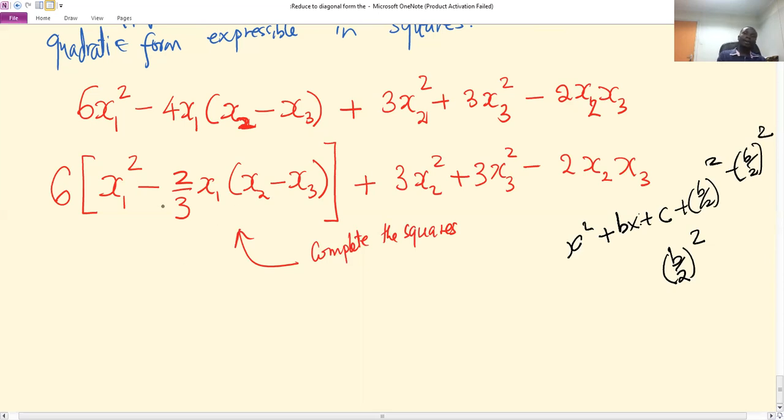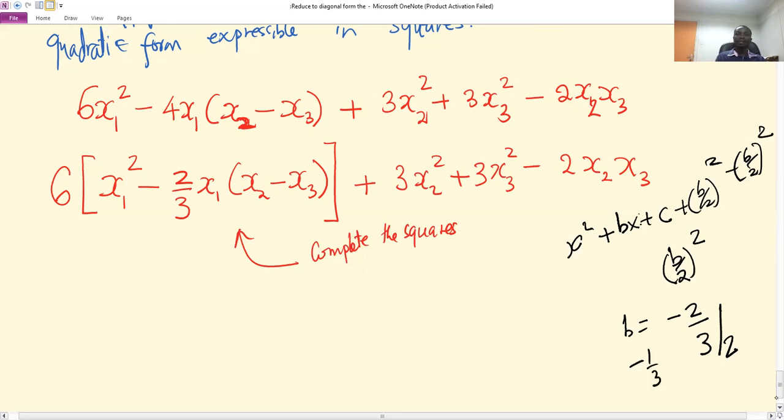So here, our b is minus 2 over 3. So when you divide by 2, we'll have negative 1 over 3.